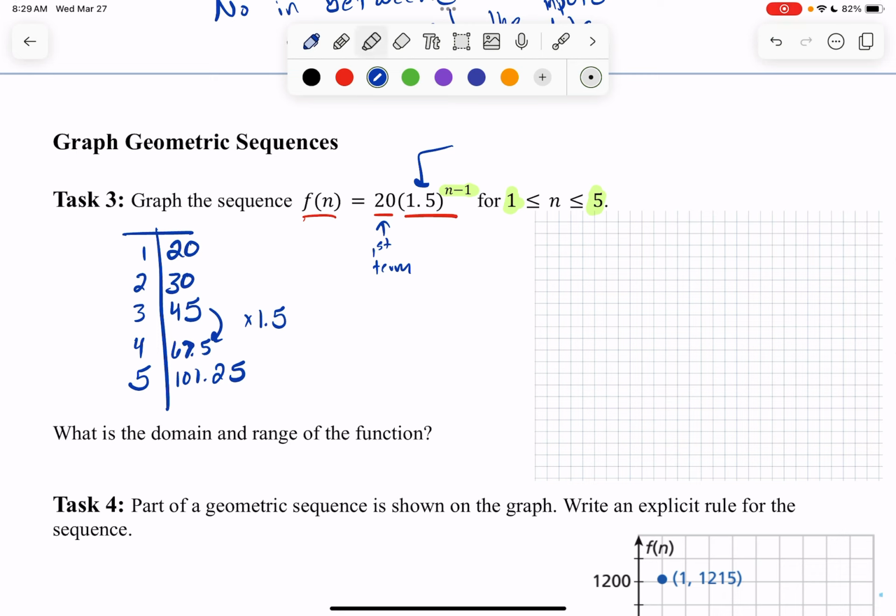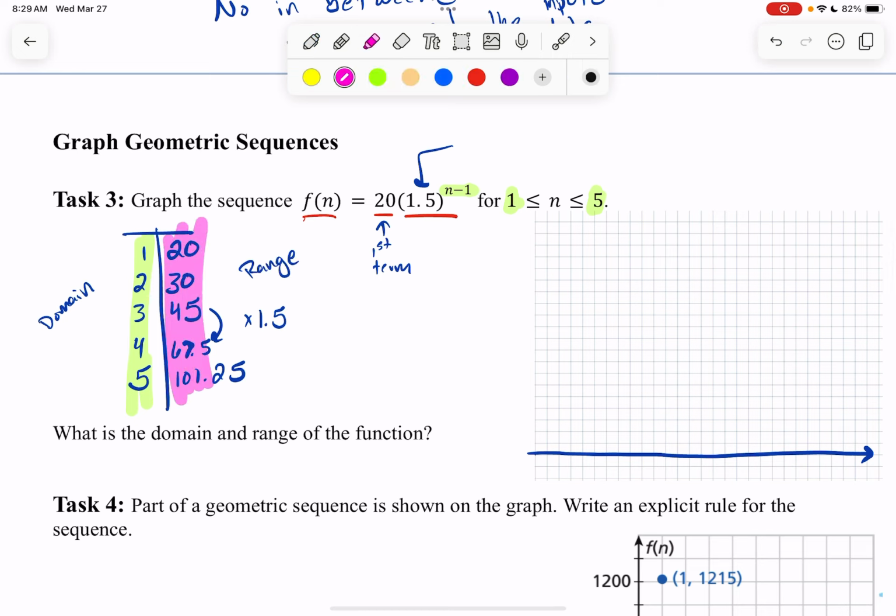All right, so now we want to graph it. My inputs over here, there's my domain, are only the numbers 1 through 5, so only the positives. So I only need to deal with the positives over here. Okay, and my outputs, my range over here, my range is numbers from 20 to 101. So maybe count by tens.